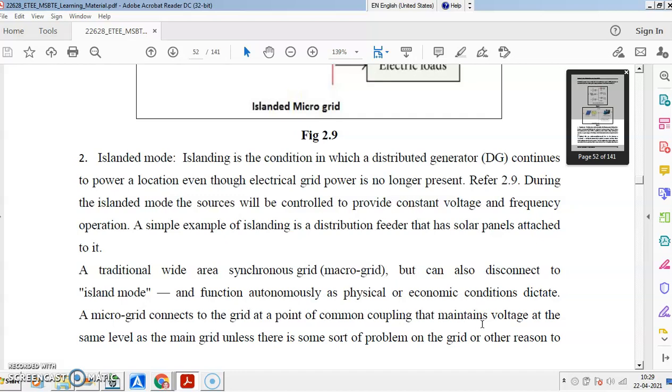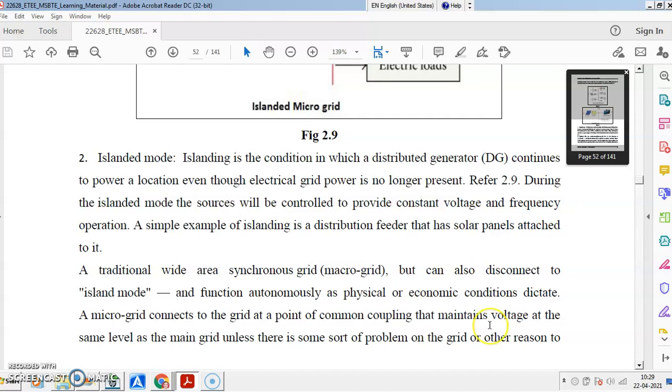It may function autonomously as a physical or economic condition requires. A microgrid connects to the grid at a particular point, that is the point of coupling, that maintains voltage at the particular voltage level that is required.